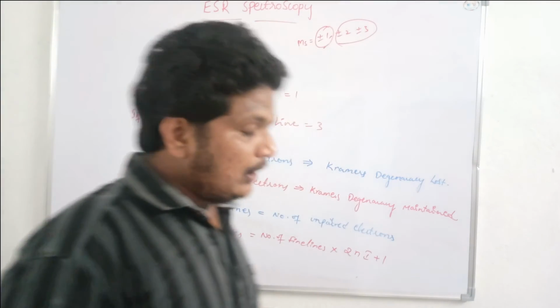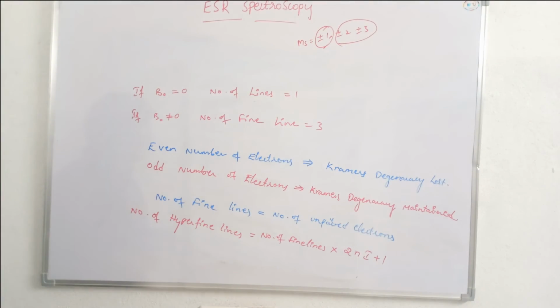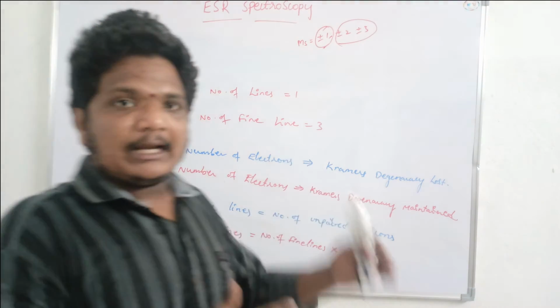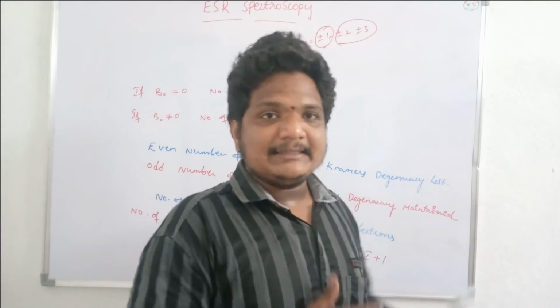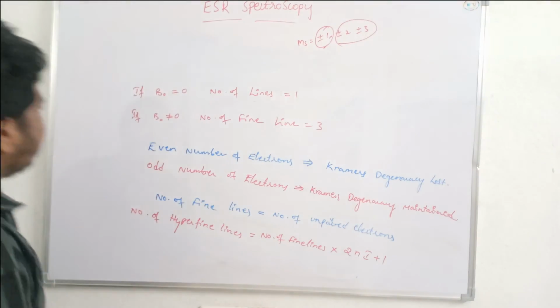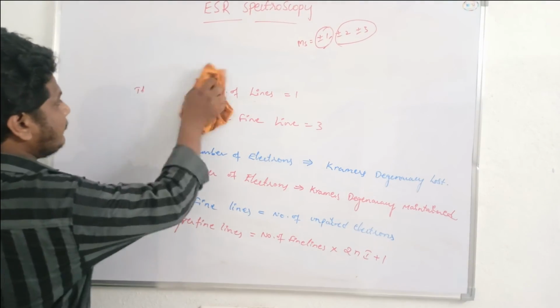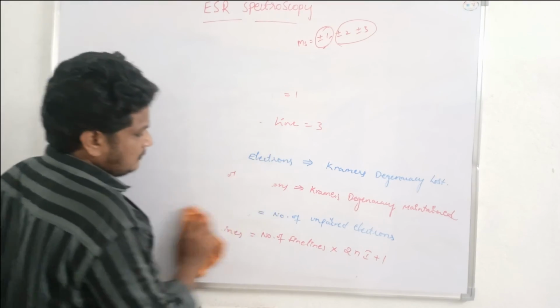Now let us see how many fine lines and hyperfine lines are present in the D3 system.